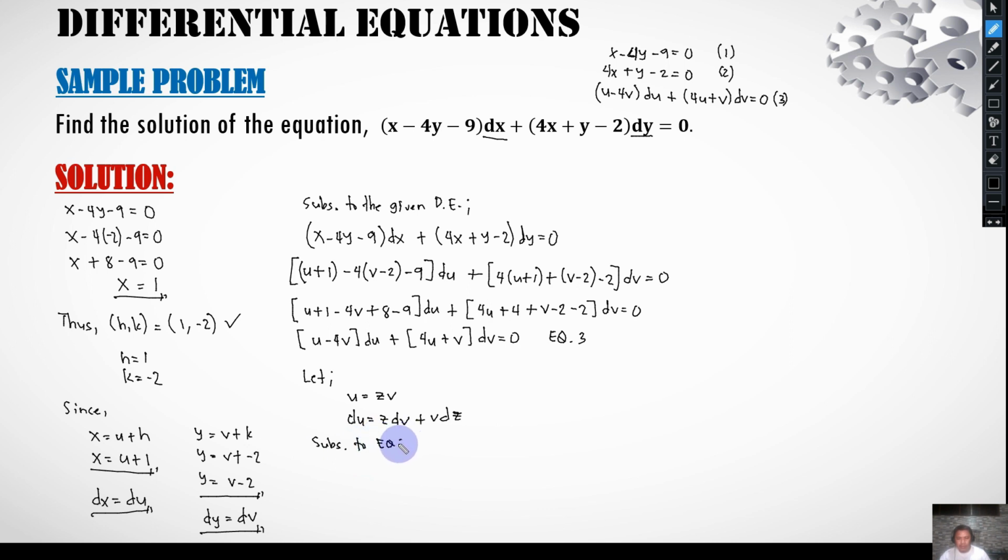So we are going to substitute this one to equation number 3. So ito yon, so ang mangyayari dyan is we have now this u minus 4v, this is du, i-rewrite muna natin, plus yung isang term is 4u plus your v, and this is dv is equal now to 0.